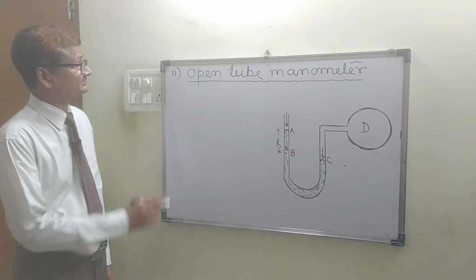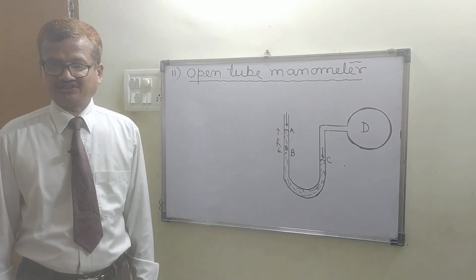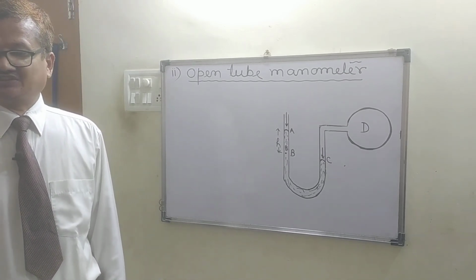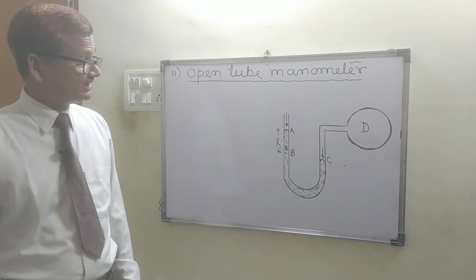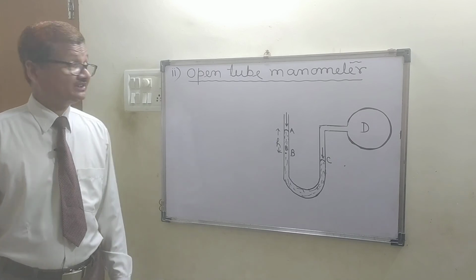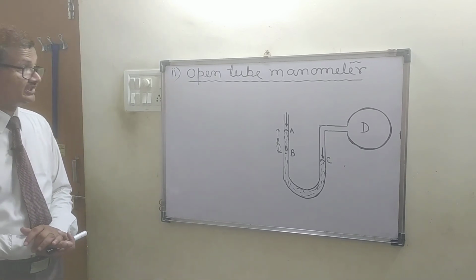Now the second is the open tube manometer. A manometer is an instrument such as a pressure gauge for measuring the pressure of gas and vapor. This open tube manometer consists of a U-tube.